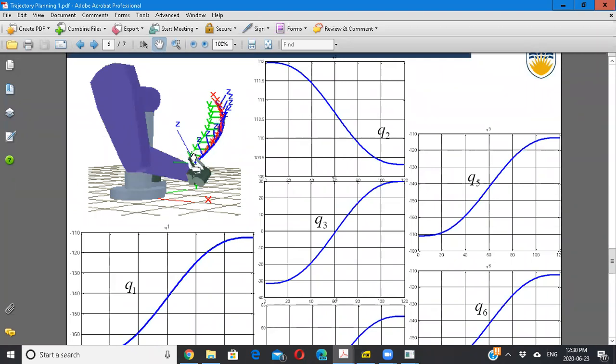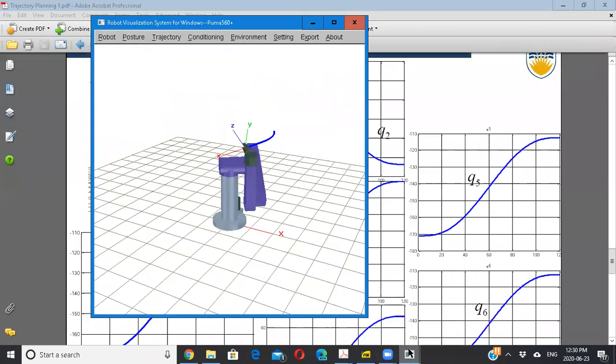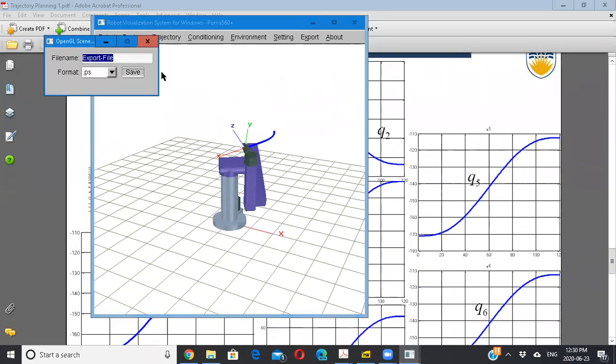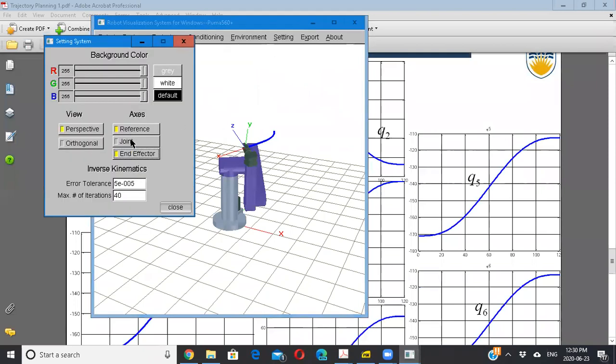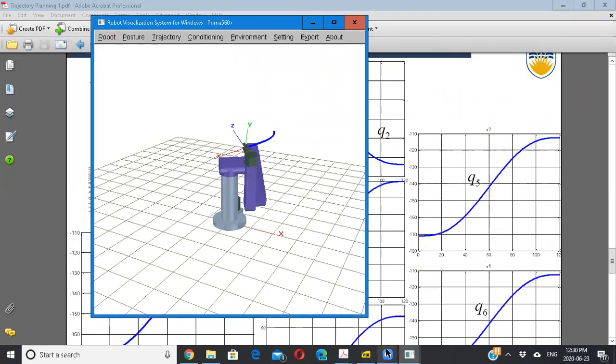Z is initially up. Let's say I show you here.